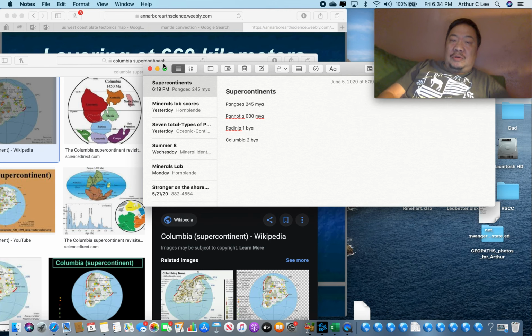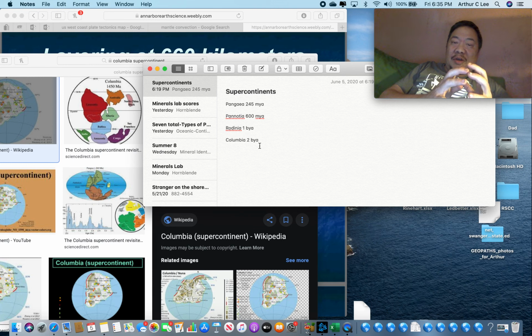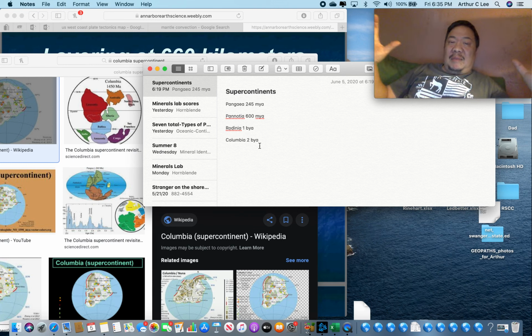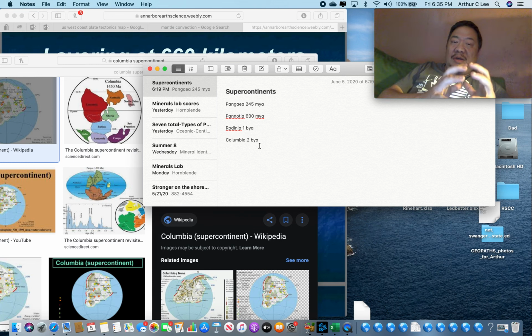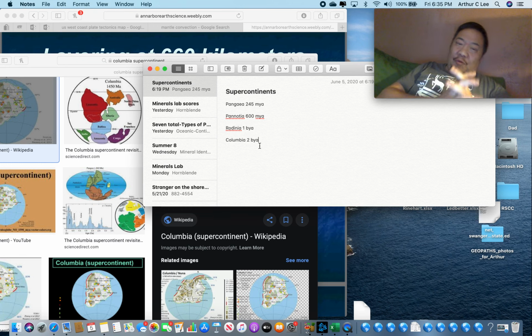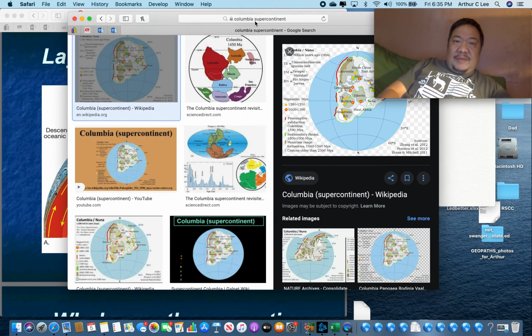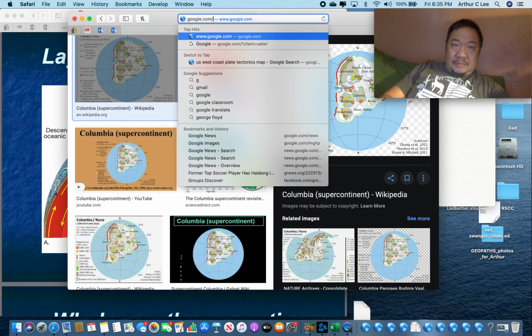It's a cycle. Here are the supercontinents. Columbia existed 2 billion years ago, broke apart, came back together to form Rodinia 1 billion years ago, broke apart again, came back together again to form Pannotia. Pannotia breaks apart, and then it comes back together to make Pangea 245 million years ago. Now let's look 250 million years into the future.